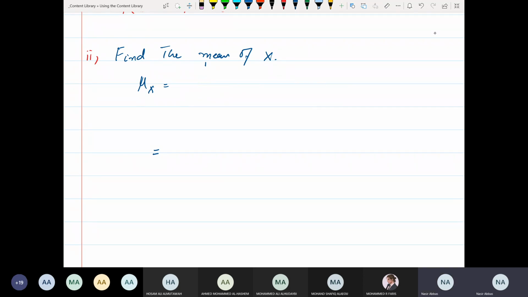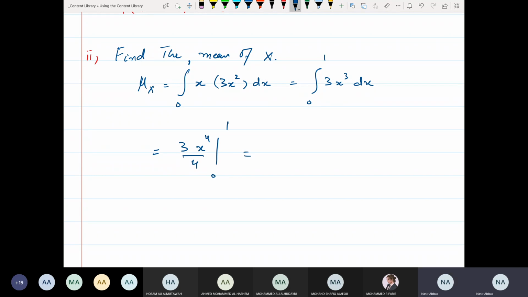The mean of x is the integral from 0 to 1 of x times f of x dx. So that is basically the integral from 0 to 1 of 3x cubed dx. Now this integral is 3 times x to the power 4 over 4 from 0 to 1. So that will be 3 over 4 times 1 to the power 4 minus 0 to the power 4. So this will be 3 over 4. That is the mean of x.